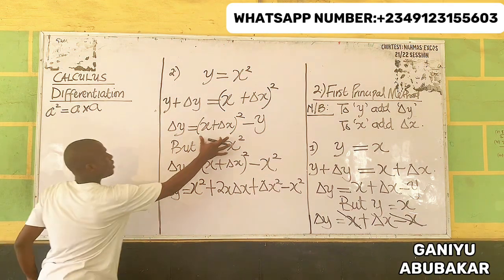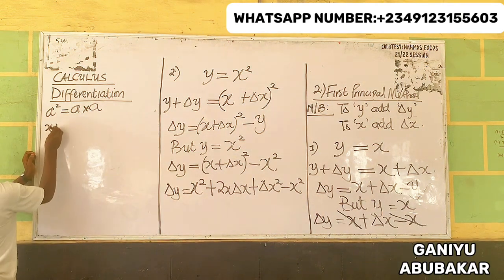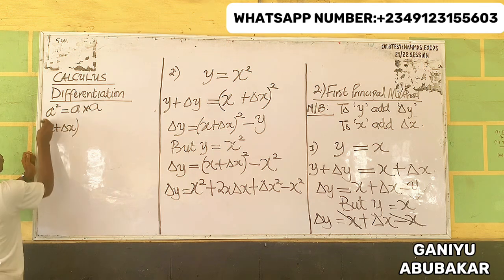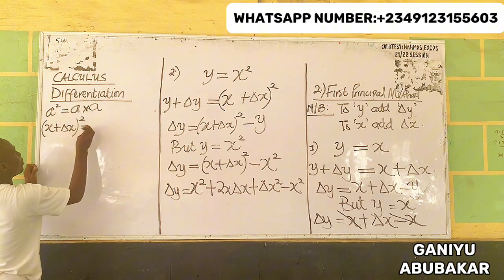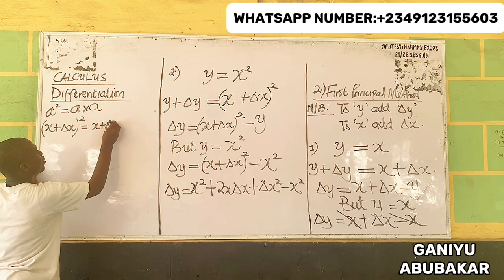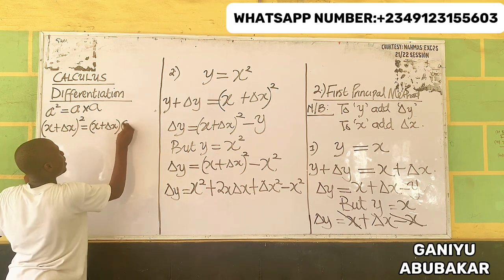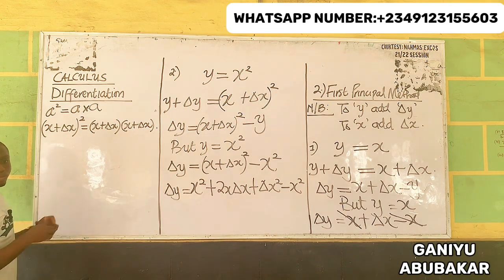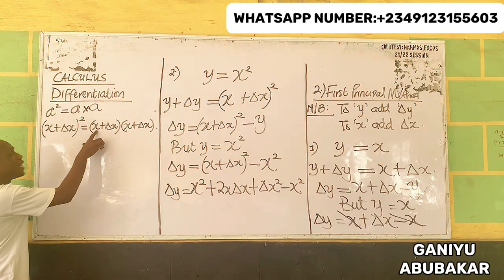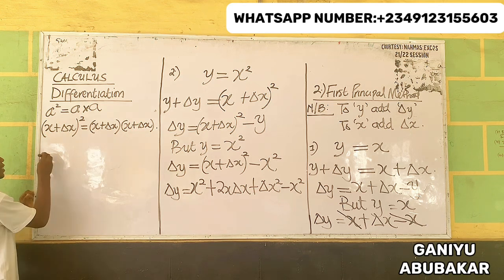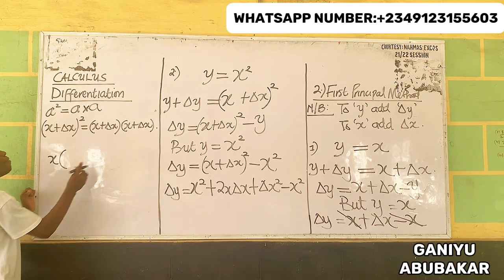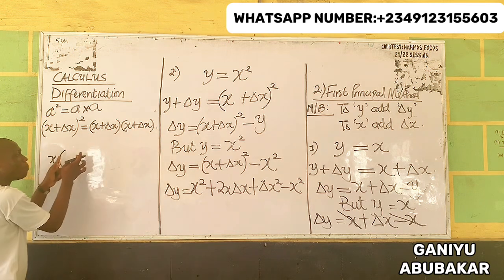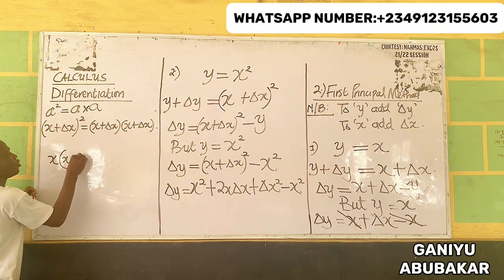It means that if I have x plus change in x all squared, what does it mean? It means x plus change in x multiplying x plus change in x. Are we good? To expand this is as easy as picking out the first term in the first bracket, that's x, and multiplying it by everything in the other bracket, that's x plus change in x.